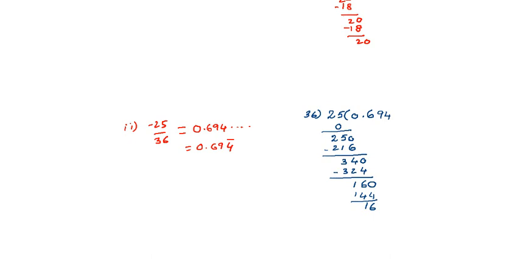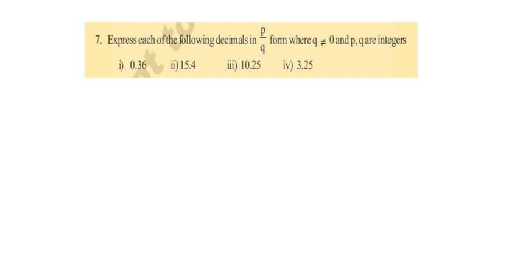Okay. Now we move to the seventh question. Here in the seventh question, express each of the following decimals in p by q form where q is not equal to 0 and p, q are integers. So in the previous one, we wrote the given rational numbers into decimal form. Here the decimal forms are converted into p by q form.